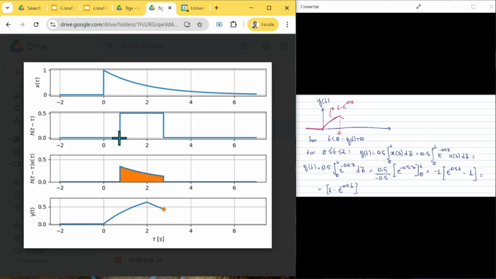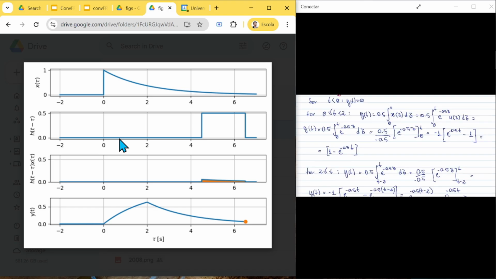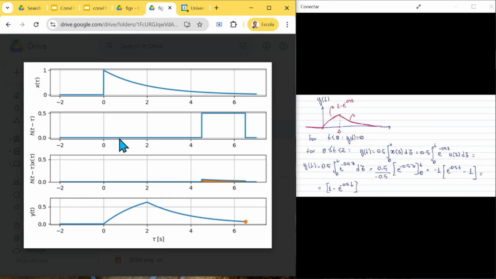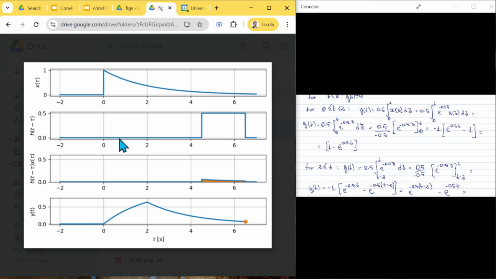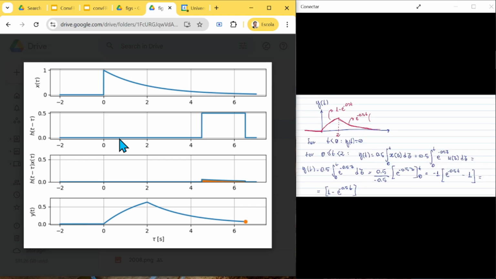Okay, this part here, and this regime will last forever. It will asymptotically approach 0 here, right? So what's the expression again? e to the minus 0.5 t. So here it's e to the minus 0.5 t multiplying e minus 1.